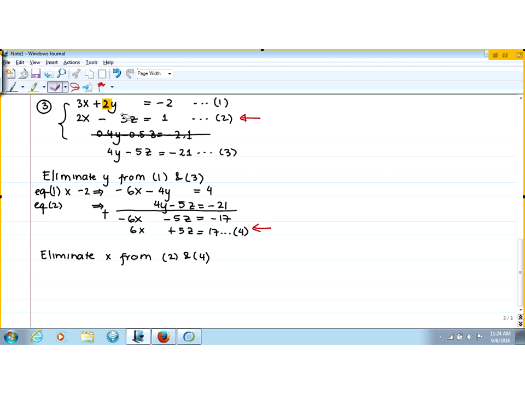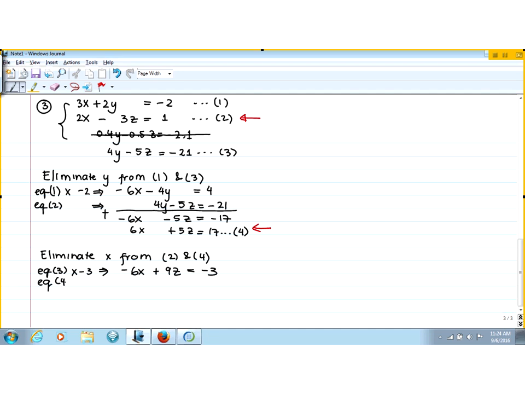Let's see, the x, let me erase this first. What's my LCM for my x? 6, so equation 2 multiplied by positive 3 or negative 3? Negative 3? Okay. So you have negative 6x plus 9z is equal to negative 3.